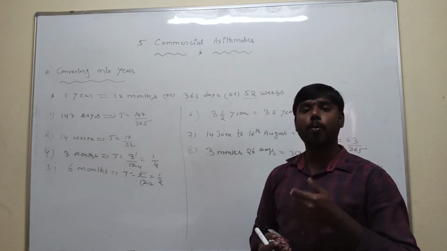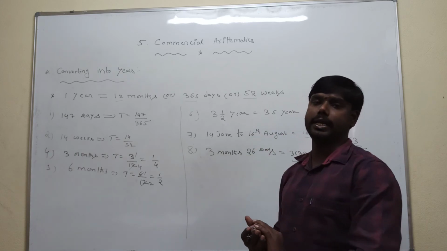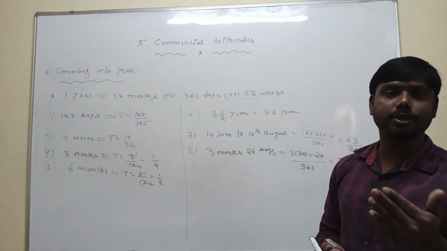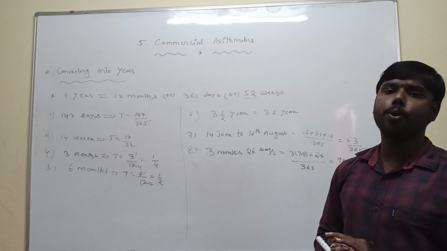Next one is amount. Amount, capital A, is given by P plus simple interest. There are two kinds of interest. One is simple interest, the second is compound interest.